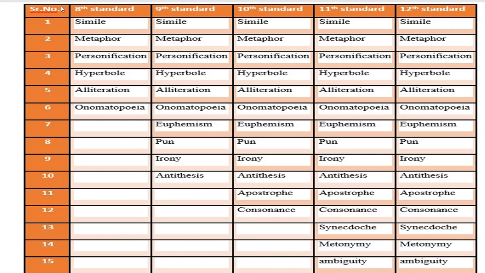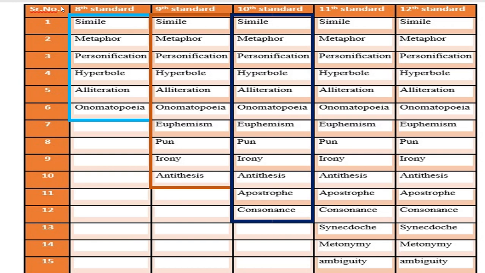For 8th standard there are 6 figures of speech included in the syllabus, like simile, metaphor, personification, hyperbole, alliteration and onomatopoeia. For 9th standard, 4 more figures of speech are included in last year's list, which are euphemism, pun, irony and antithesis.